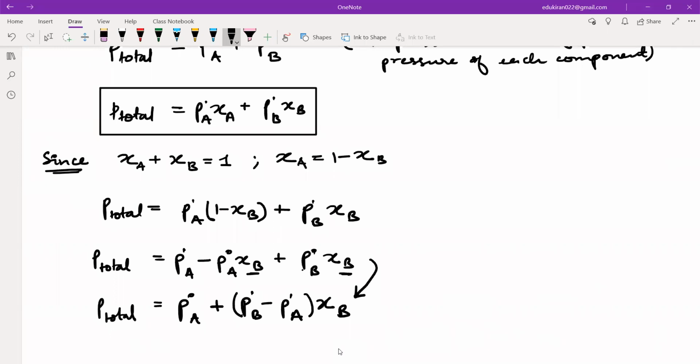चलिए, write this down. Then we will look at the plot of Raoult's law. Okay.